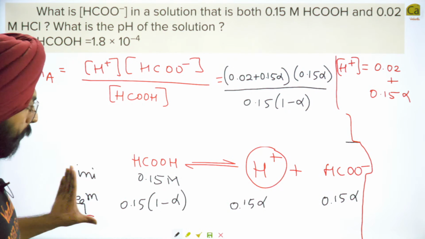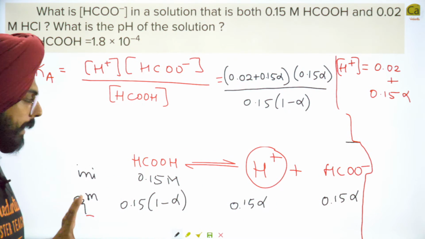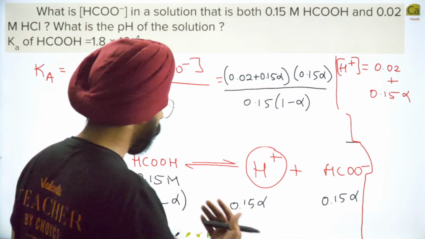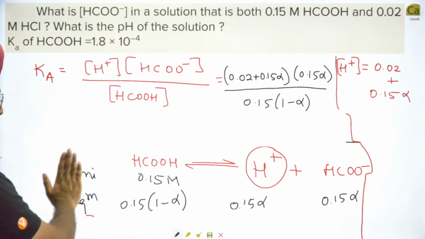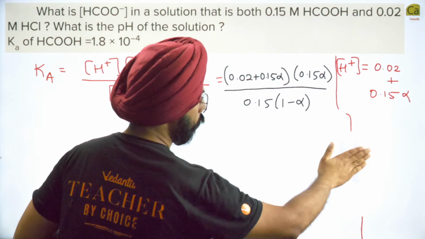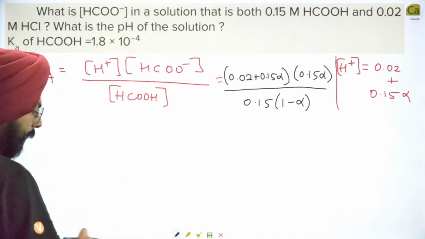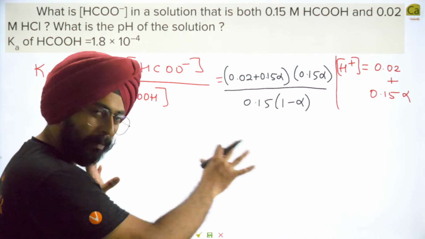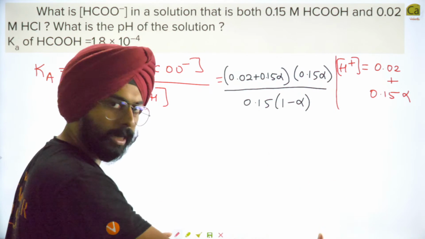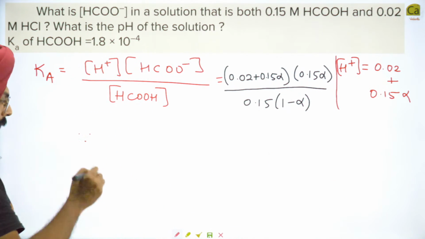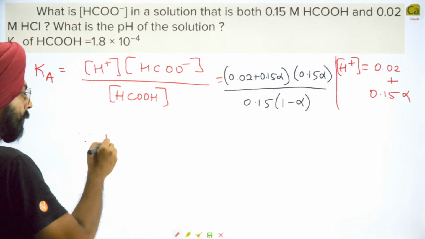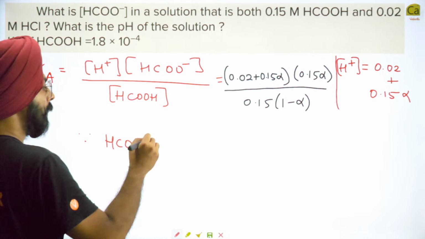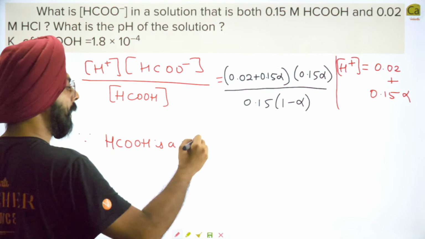Now people, I'm going to erase this part of the equation so that we can move ahead a little. Now remember, this is something that we did in the second class of ionic equilibrium. Since HCOOH is a very weak acid.